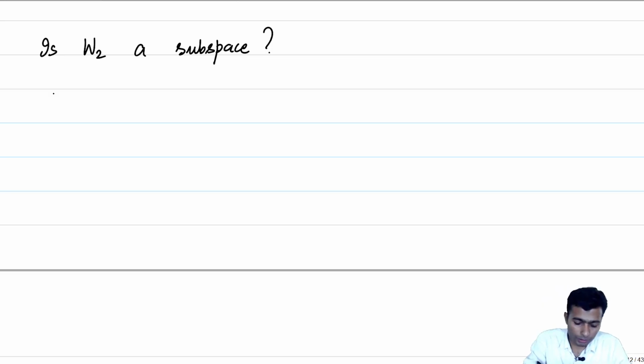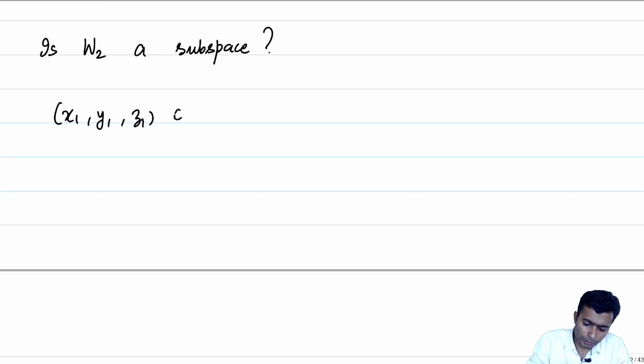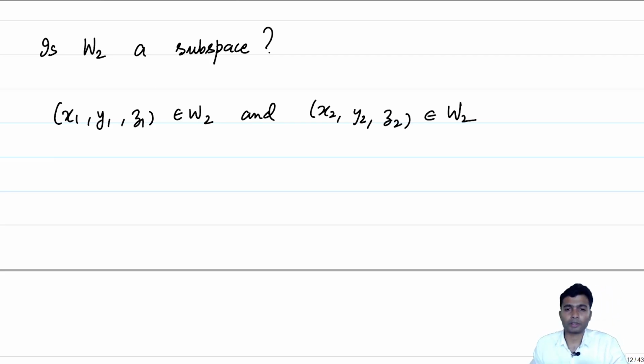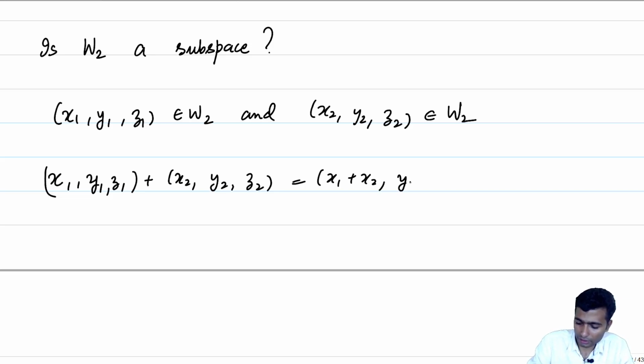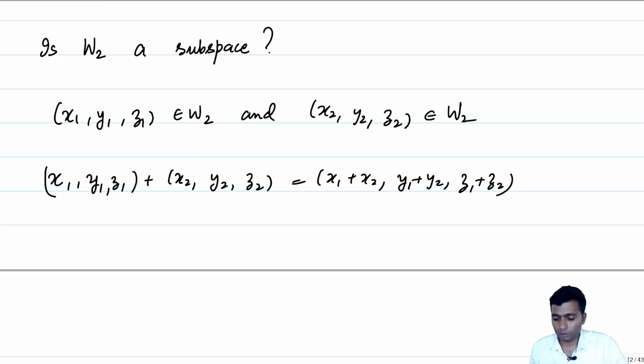So let's take x1, y1, z1 in W2 and x2, y2, z2 which is in W2. We would like to see if the vector addition is in W2. What is x1, y1, z1 plus x2, y2, z2? This is just equal to x1 plus x2, y1 plus y2, z1 plus z2, and we would like to see whether this belongs to W2.